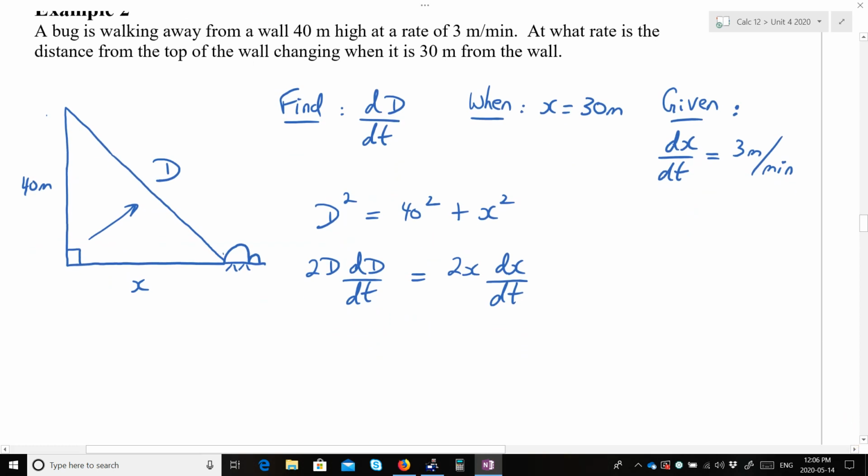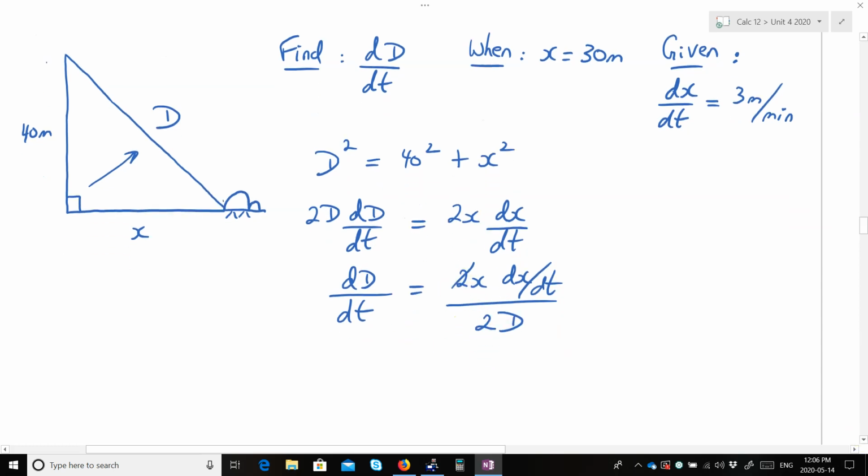And we need to get dd/dt by itself. Divided by 2d. The 2's will cancel. X is equal to 30 meters. dx/dt is 3 meters per minute.